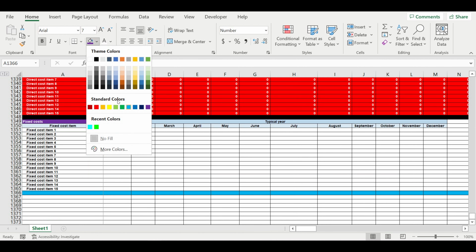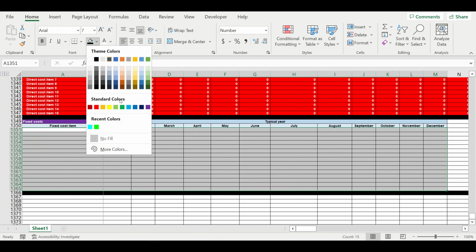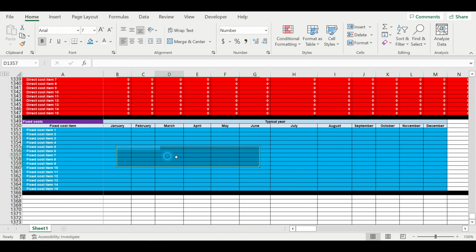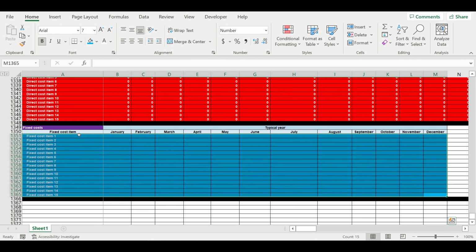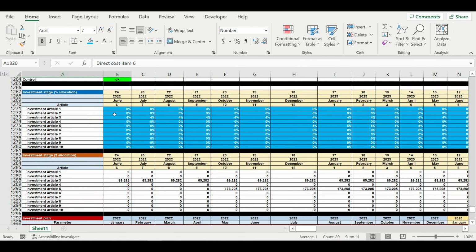The inputs, color them with blue. Blue is the color for our inputs. These are the inputs. When we want some new scenario, we work only with the blue cells.